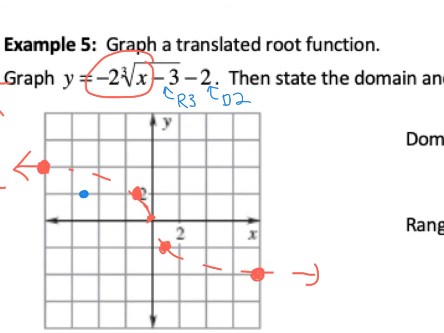If I take this guy and move it to the right 3 and down 2, I'm right there. Then I take this guy, move it to the right 3 and down 2, so that'd be right there.